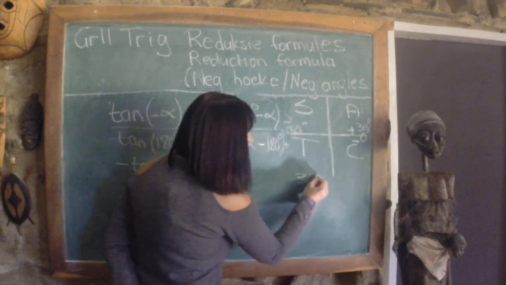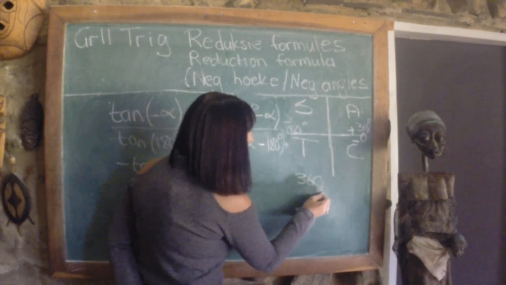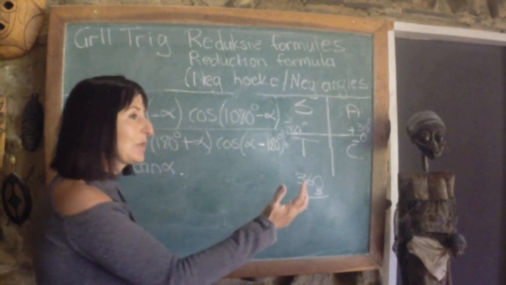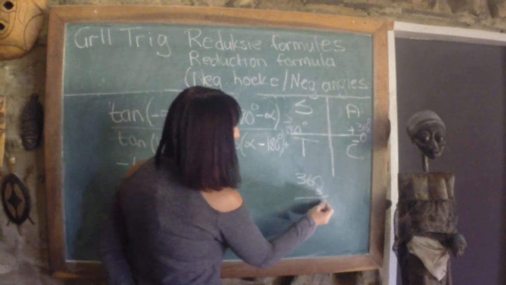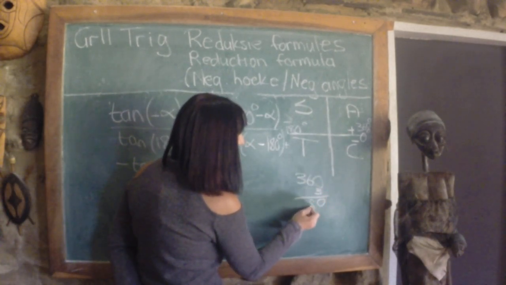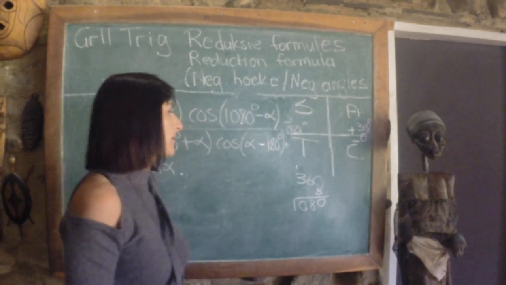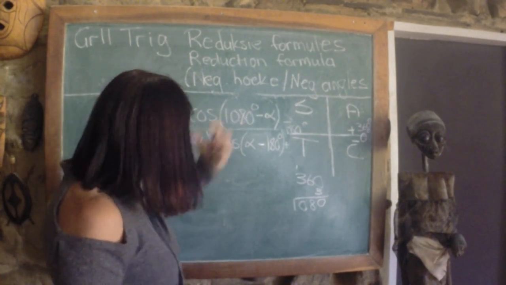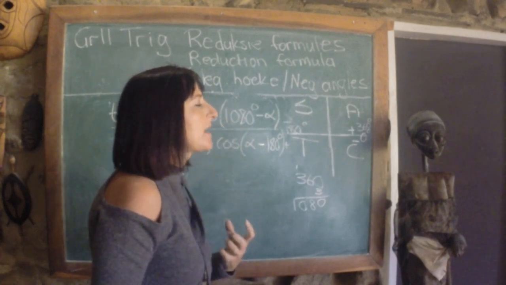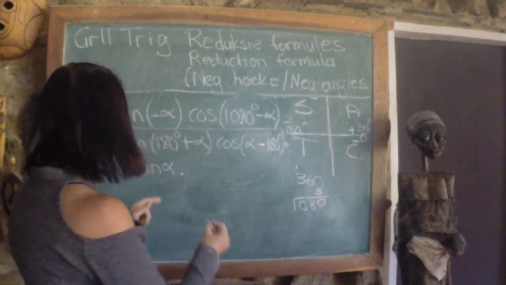So let's take 360 and we multiply it with 3 to see whether we can take out 3 cycles. That gives us exactly 1080. So if I take out 3 whole cycles, then there's 0 degrees left.